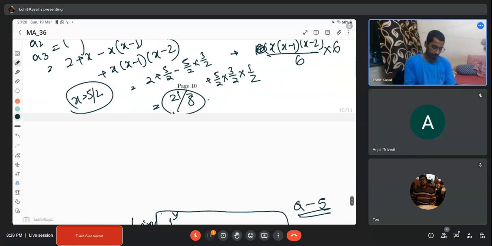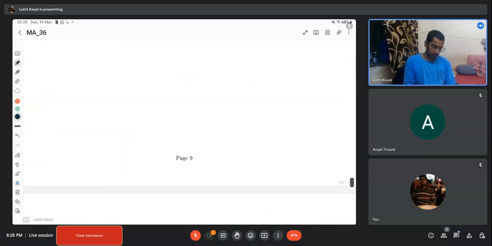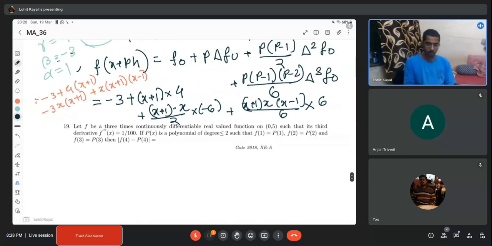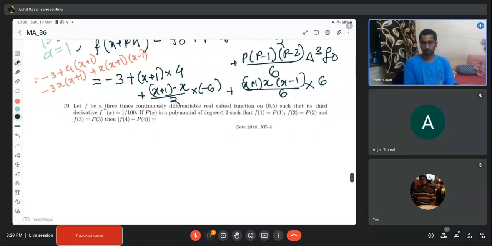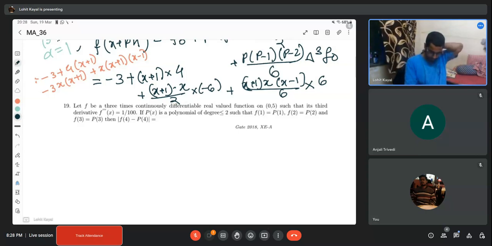Now let us solve the last two problems, that is 19 and 20. Again, these are related to the interpolation idea. Let's first solve question number 19.